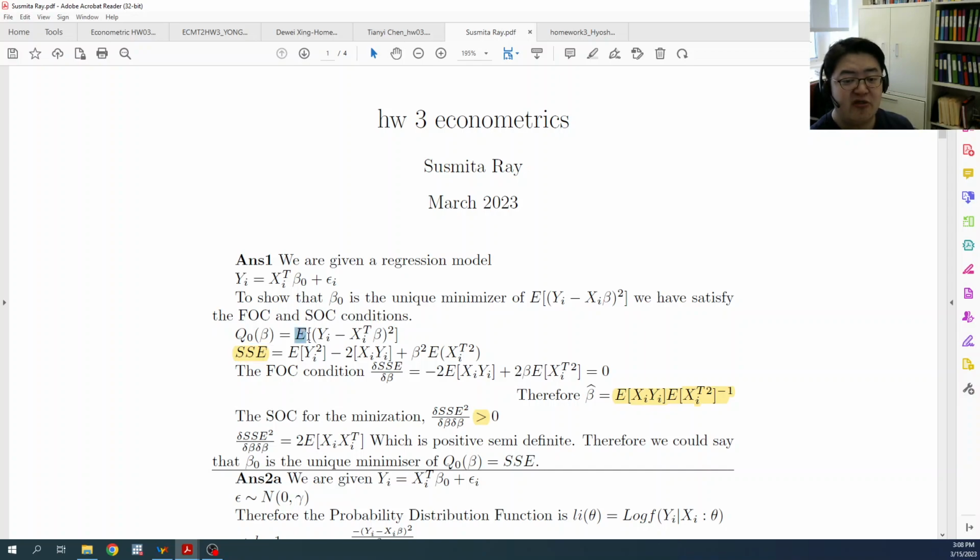This is a purely theoretical object because expectation is population expectation, which is available only when you have an infinite number of observations. So in this case, it is not a perfect name for this function. I called Q0 the criterion function because we are going to minimize or maximize it. So this is the population criterion function, not the sum of squared errors. But I understand what Susmita meant here.